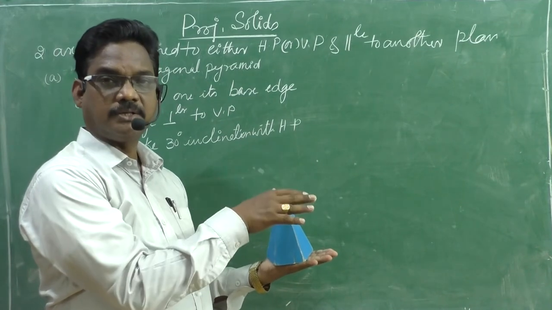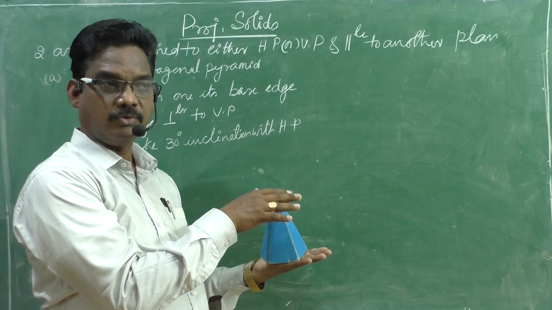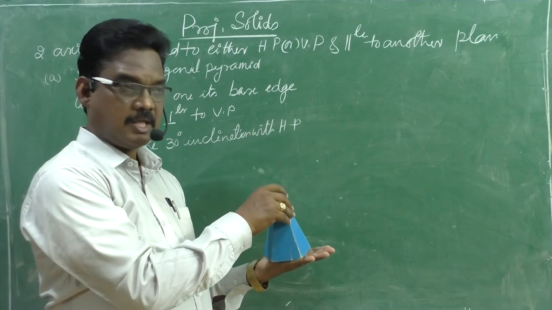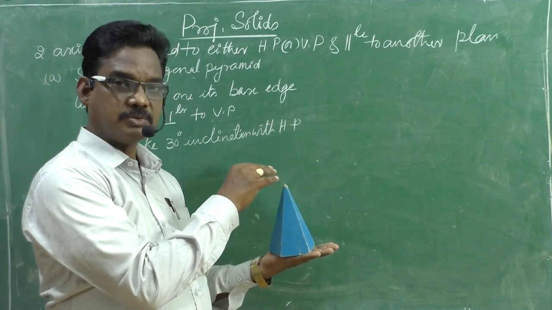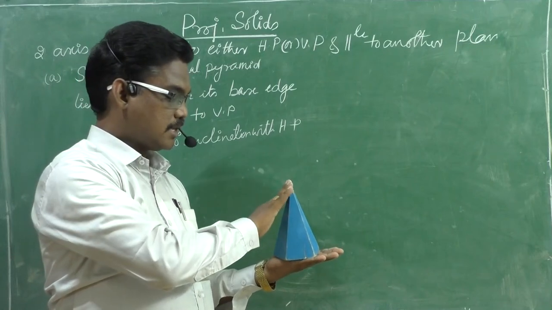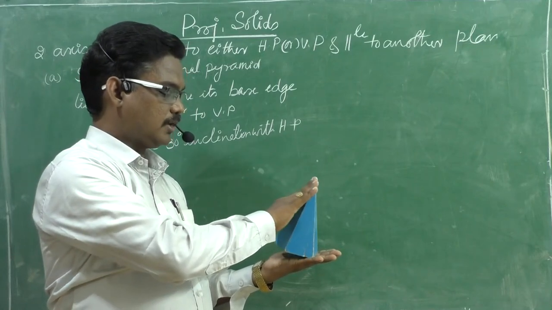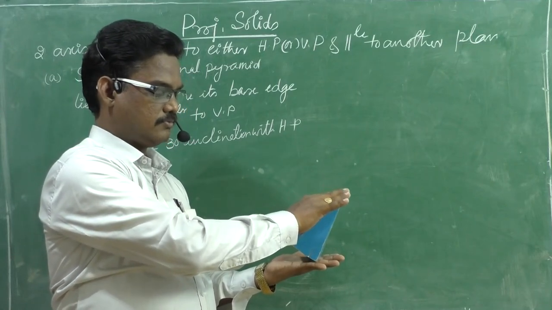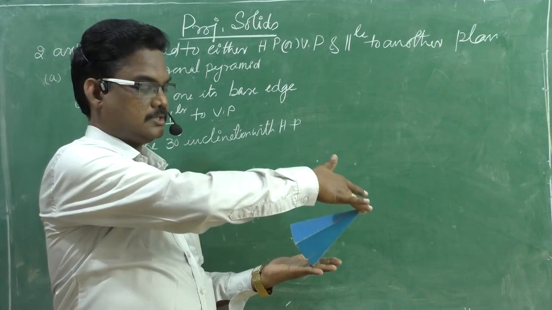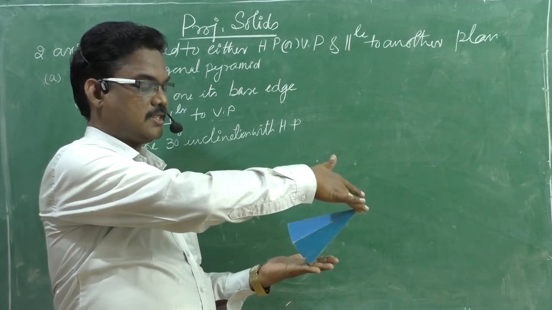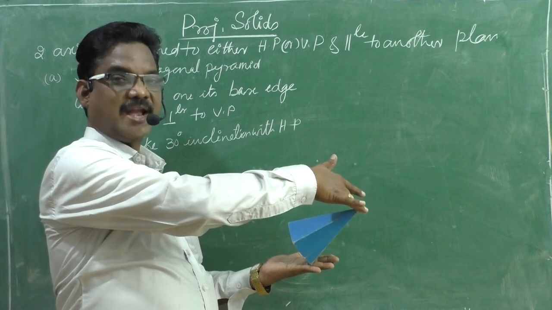Once we complete the top view and front view for the simple position, whatever front view is obtained in the simple position, the same front view will tilt like this for 30 degrees with the HP. Then this is the final position front view.